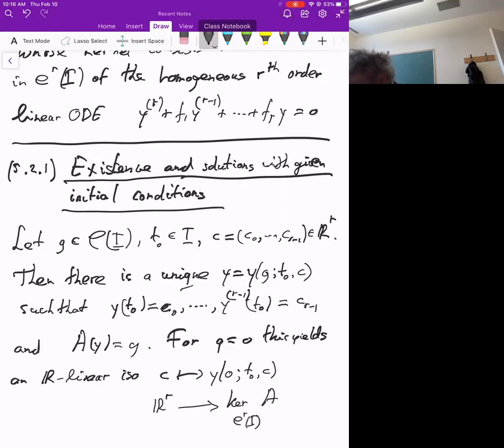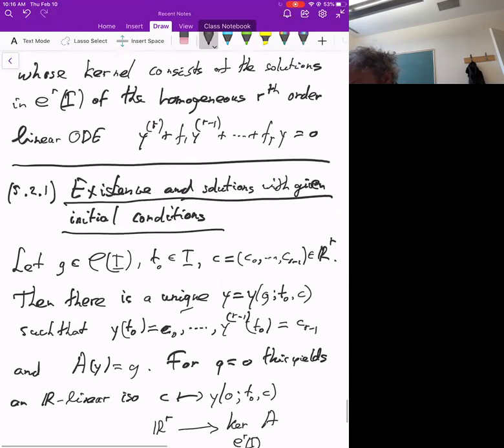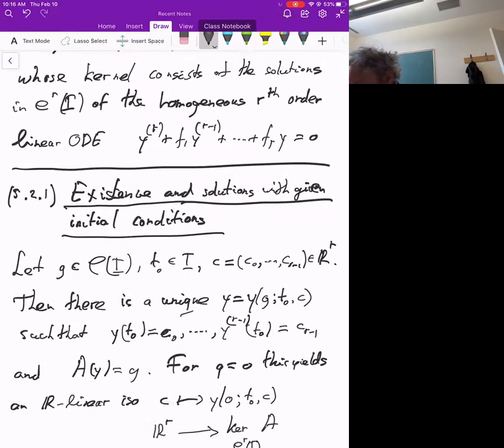Here we consider, of course, R times continuously differentiable functions, for which this makes sense. For this differential equation Ay equals g to make sense, you have to assume that y is R times continuously differentiable. Well, you might say, why don't you just assume it's R times differentiable?